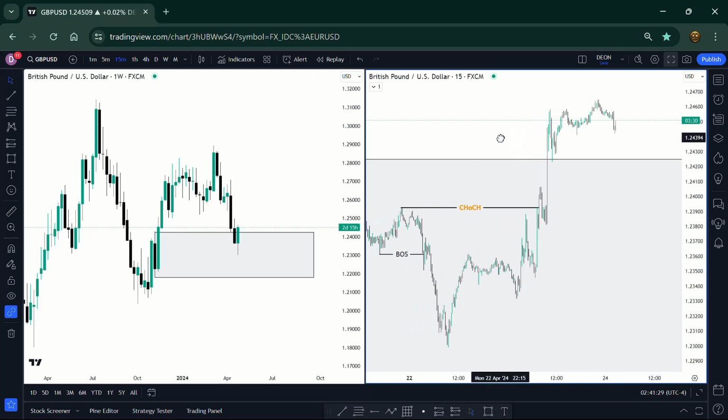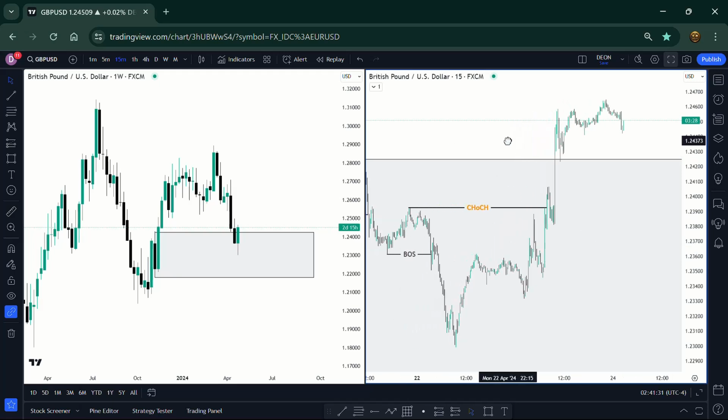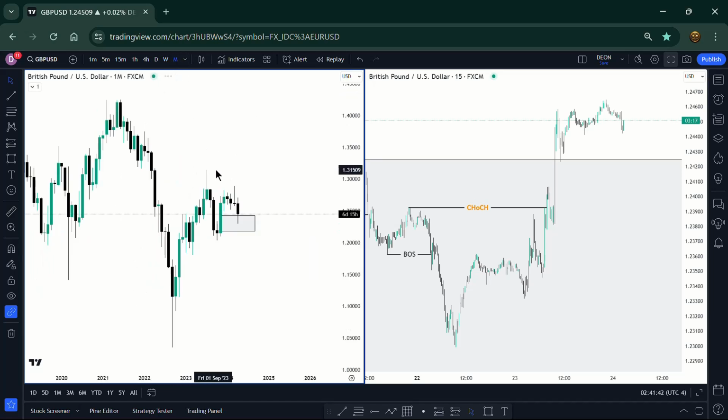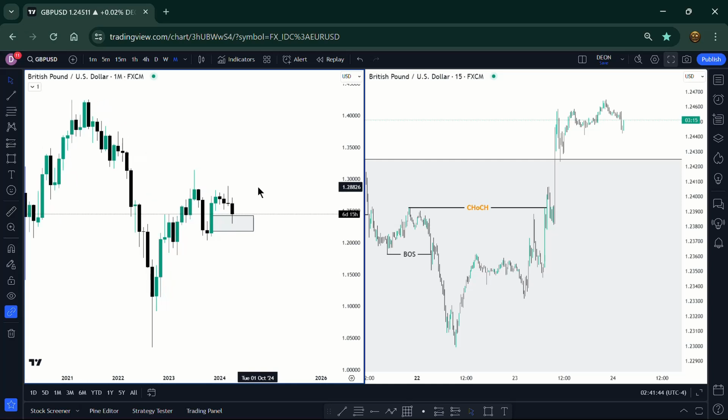For me, I'm not going as far as the monthly, but if you want to go as far as the monthly, let me show you this. On the monthly, you can see this single candle order block right here.